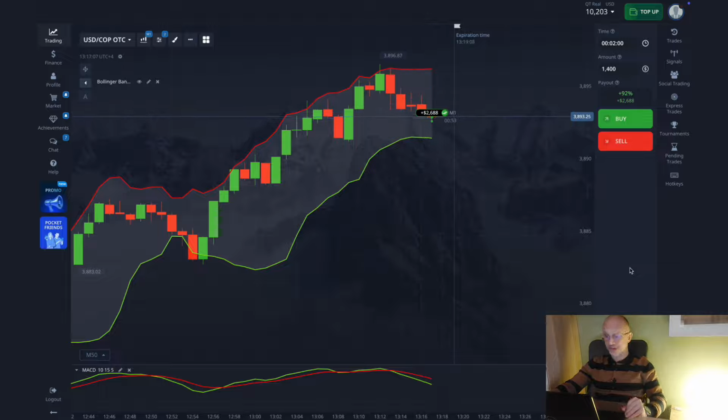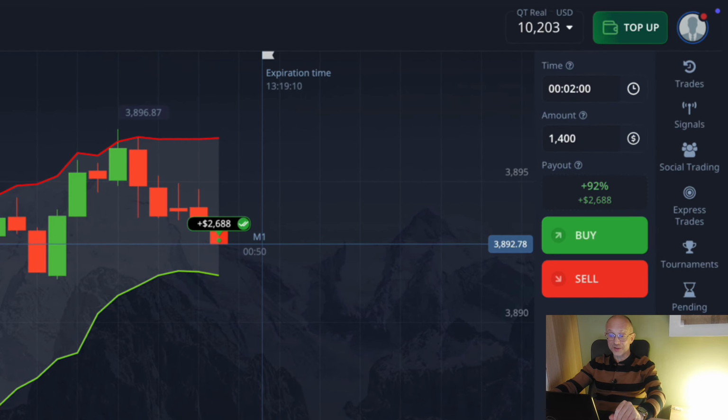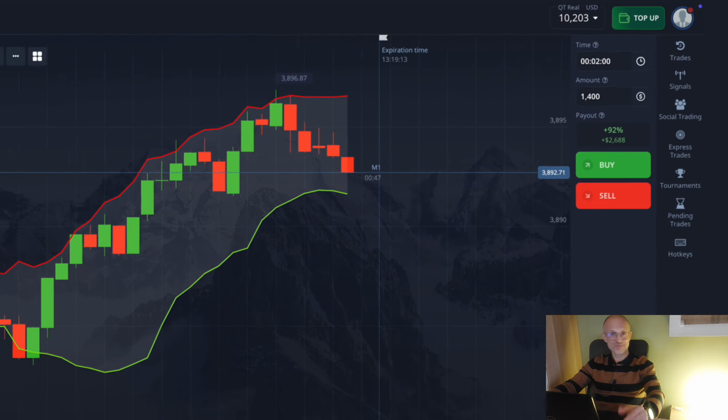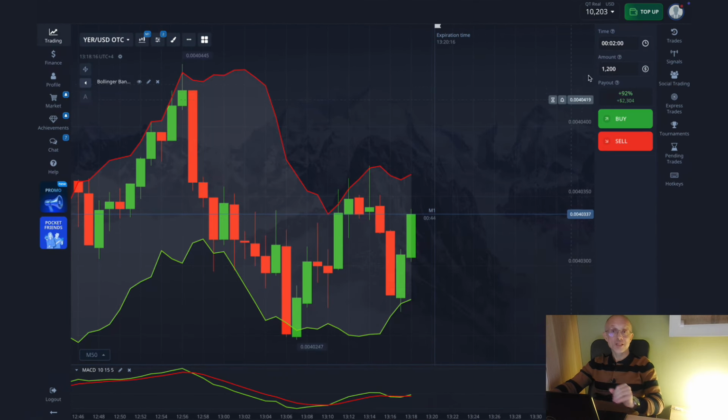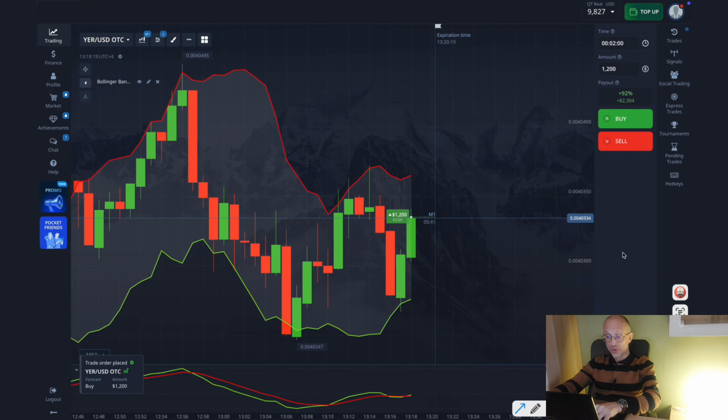A remarkable result. There's a profit of $1,288. So I continue trading. Stunning movement on the chart. With 2 minutes left on the timer, I'm opening a long trade for $1,200. The price is holding steady at the support level and is starting to form an upward movement from this level. The growth looks stable and consistent. The candles are lined up in a clear series, confirming the strength of buyers and their control over the situation.